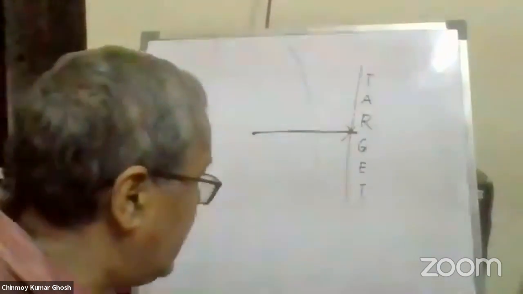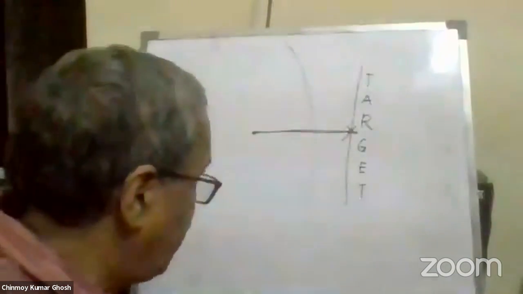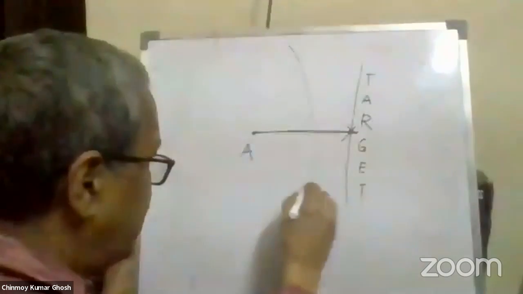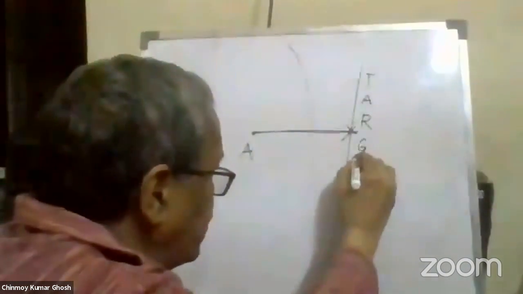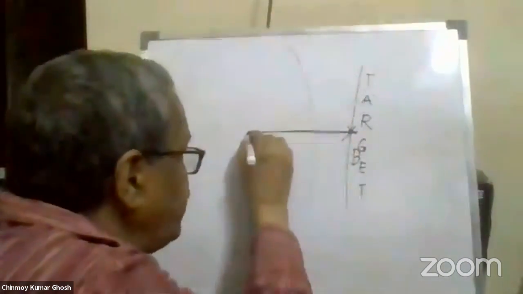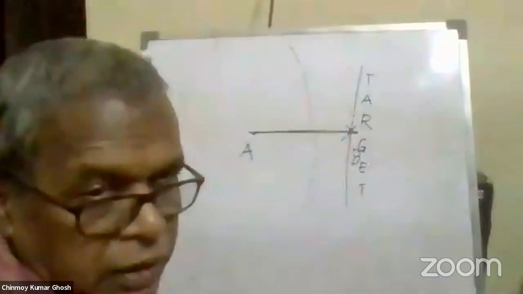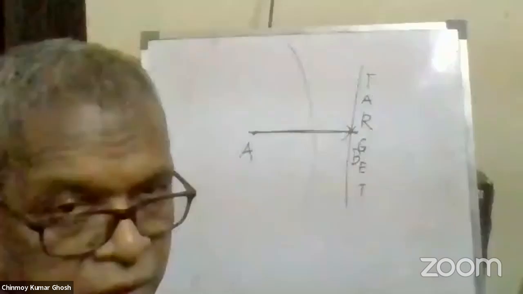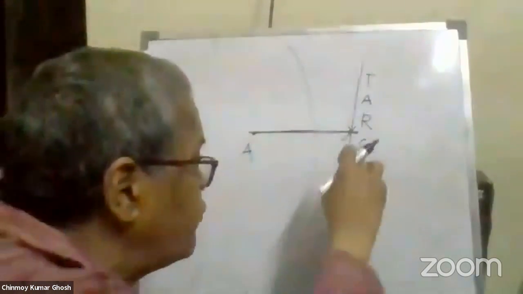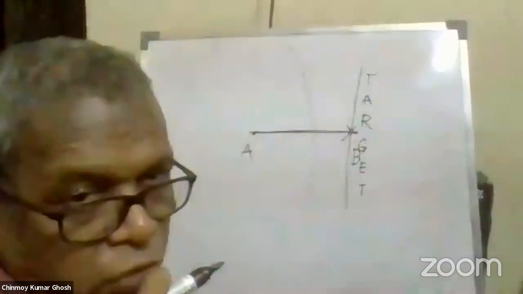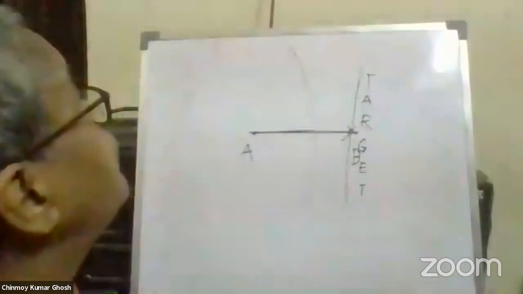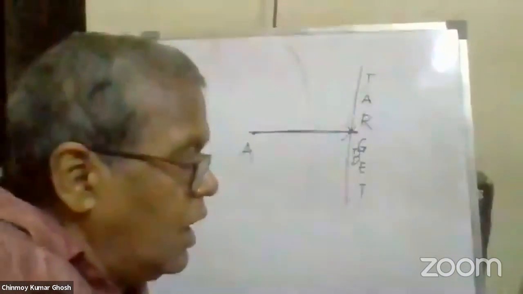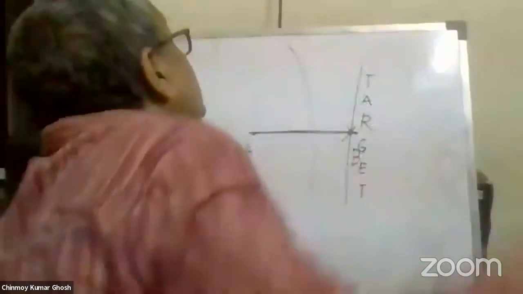A bullet is being fired from a point A. So these two are fixed points. A is a fixed point from which bullets are being fired, and B is a point on a target. So the bullet is being fired from A to B. Now the sound of the gun and the thud of the bullet striking the target are simultaneous.